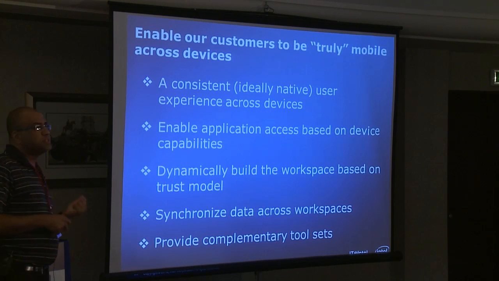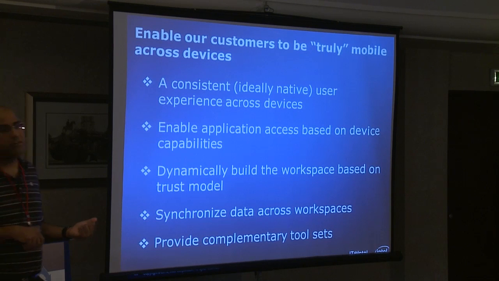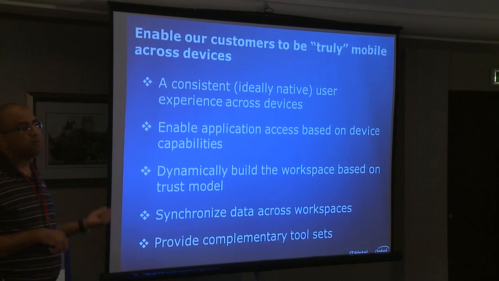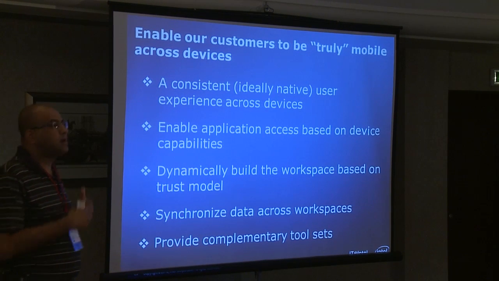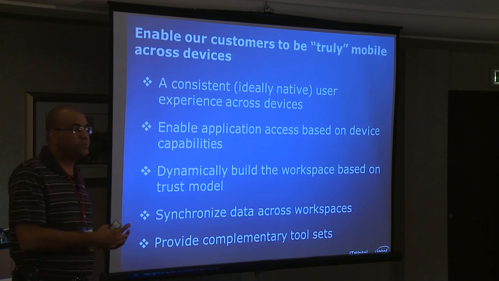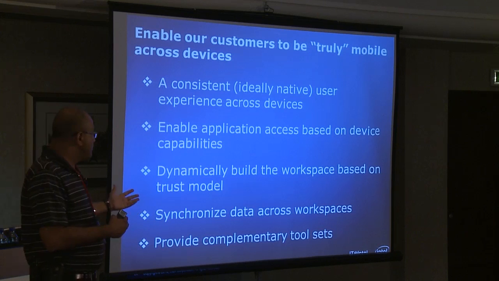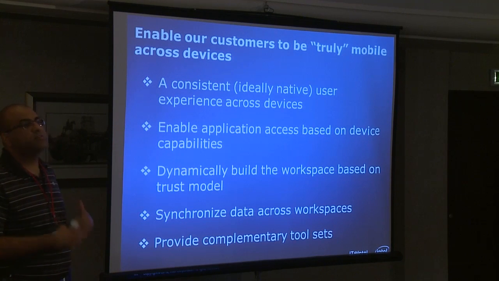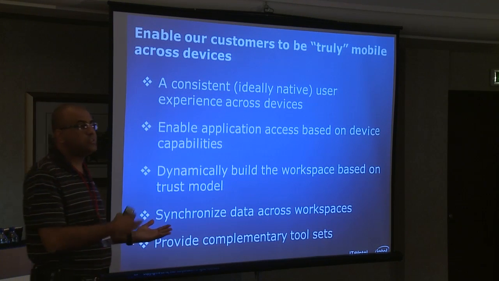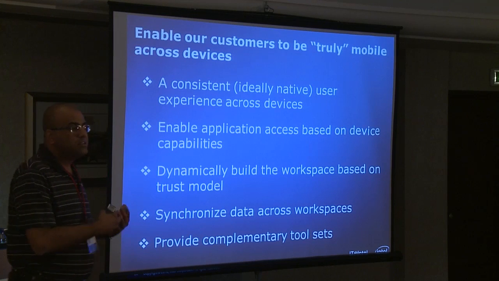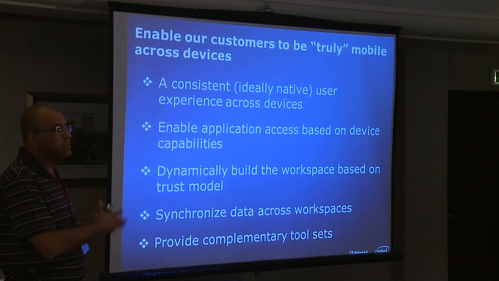And last but not least, we think it's very important to provide a complementary set of tools to help our customers move to this new model. An example is moving data from one workspace and ensuring data synchronization. Today, they are very C-centric. They are on their laptops.